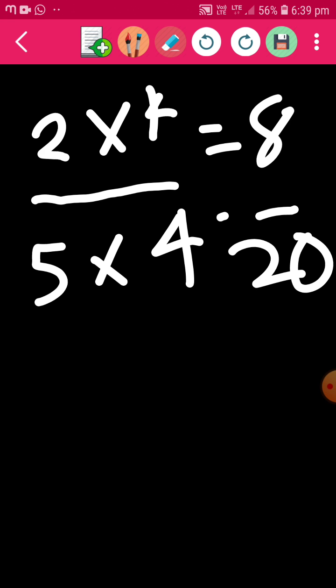We are doing this multiplication because we want the LCM, 20, as the denominator.